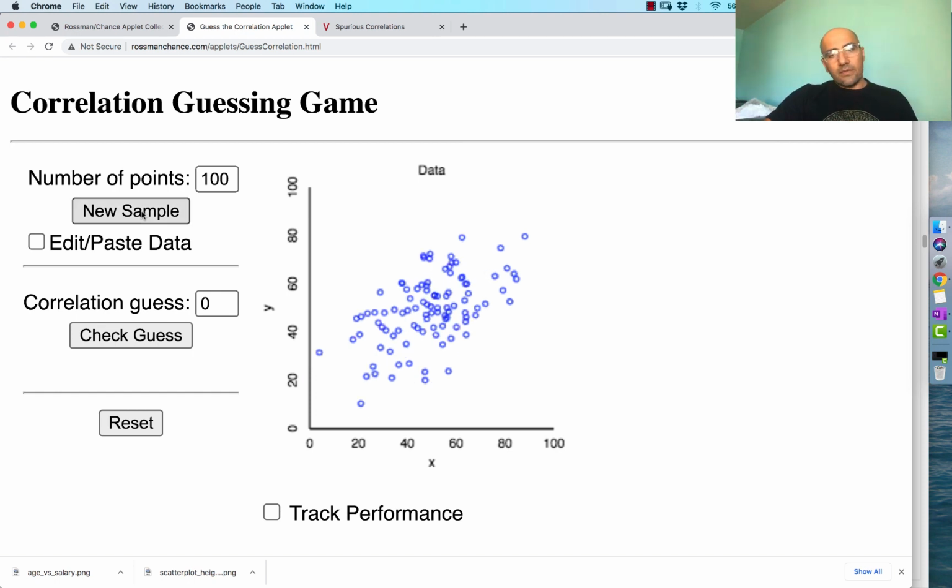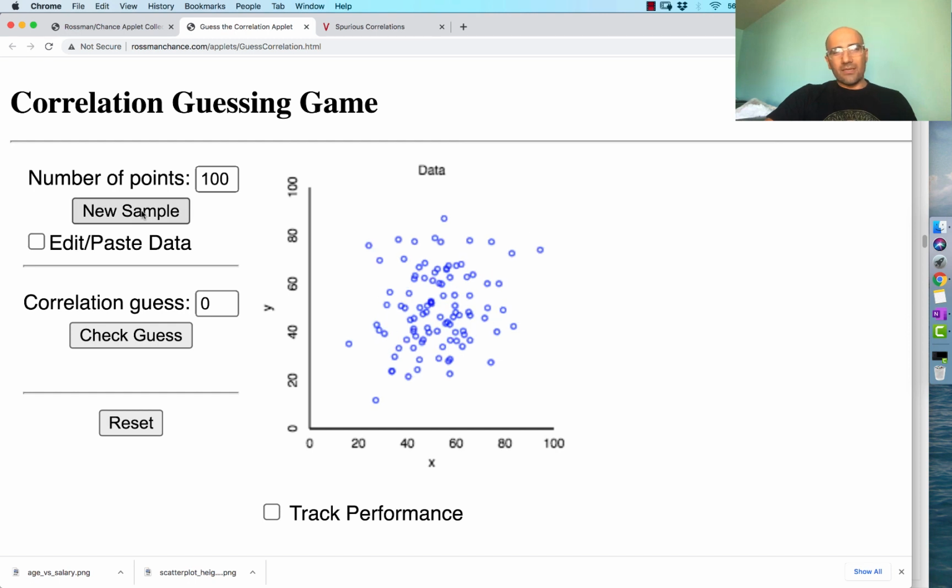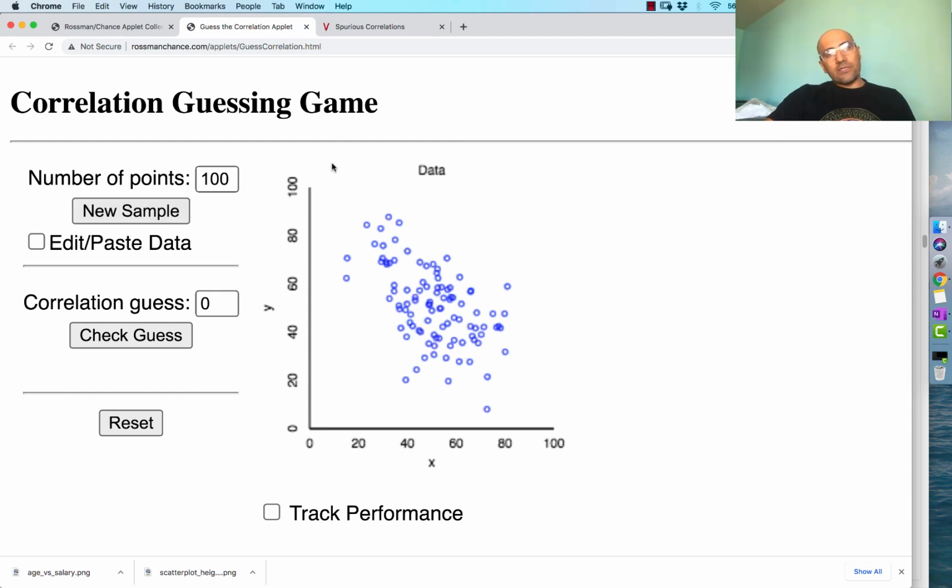Positive still, but a little weaker. I was a little more confident before, but this is still fairly strong evidence that there's a positive relationship. We're back to, I think, random chaos. I'm not really sure if it's positively or negatively connected. Here's one where it seems to be negatively connected. It seems to kind of be going this way.